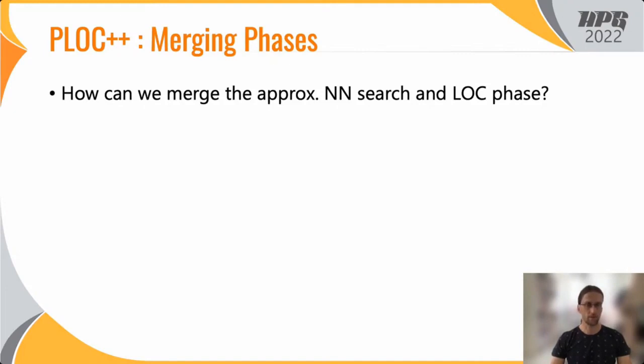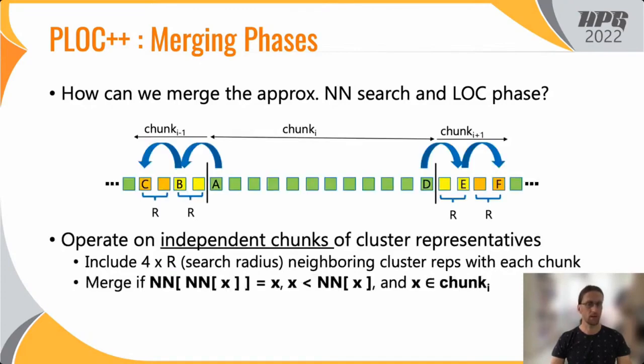The first question is, how can we merge the nearest neighbor search in the locally ordered clustering phase? The simple idea is to operate on independent chunks of cluster reps. So let's assume for now the list of cluster reps is divided into equally sized chunks of about 1,000 elements each.